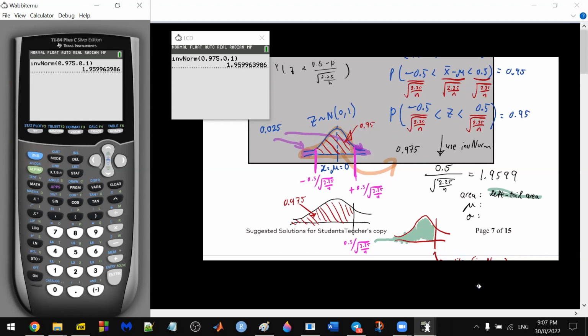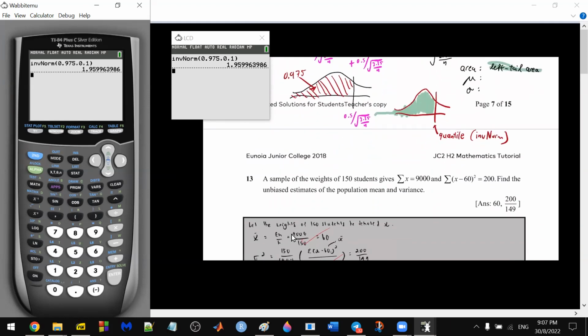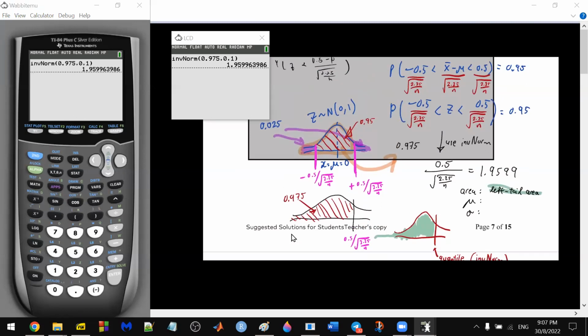I think that's all. Let me just check the answer. Yes, that's all you need to do. Then you solve for n, and you get 35.